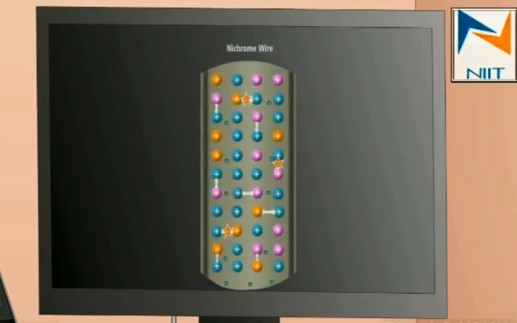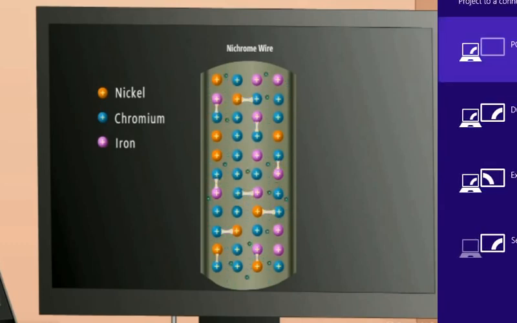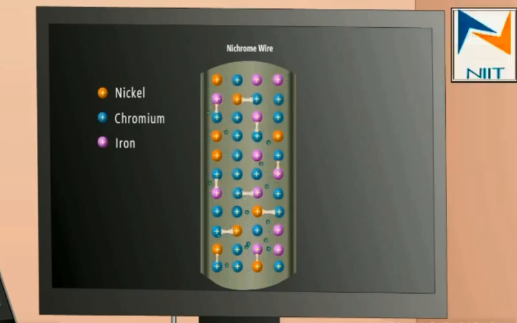The nichrome is an alloy of nickel, chromium and iron, and so it has the network of 3 different ions. But the number of free electrons in nichrome are lesser as some of the electrons are involved in bonds with different atoms. These bonds also restrict the number of pathways available for free movement of electrons.